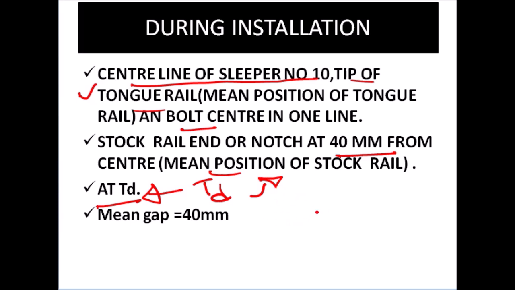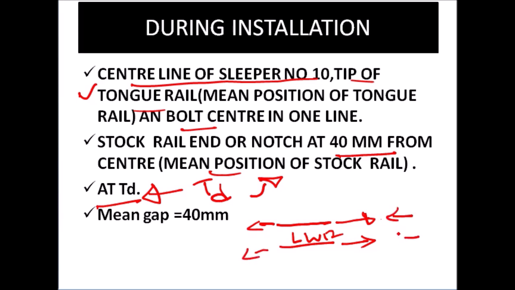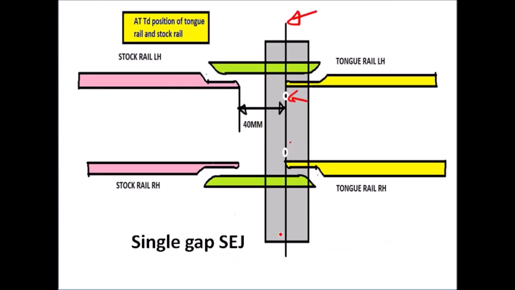And one more thing you have to understand: let us say this is the LWR portion, so we'll fix such that the tongue rail is in this direction, tongue rail is here, and here you will have the stock rail. Like that we'll fix our SEJ.